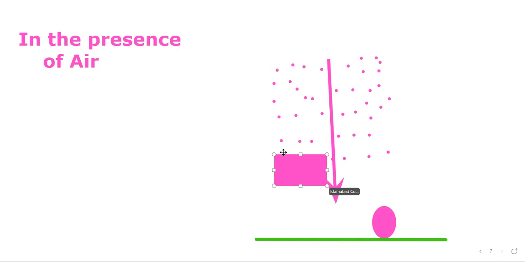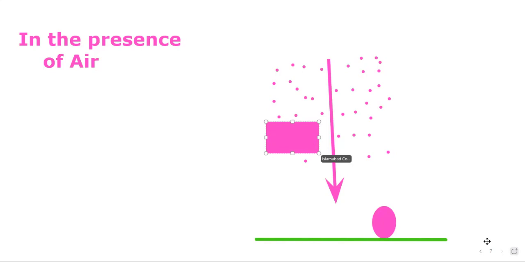Less friction force means its velocity is less influenced by the air friction. The cuboid has comparatively large surface area compared to other objects, so it will experience more air friction, its velocity is more affected, and that's why it would reach later.